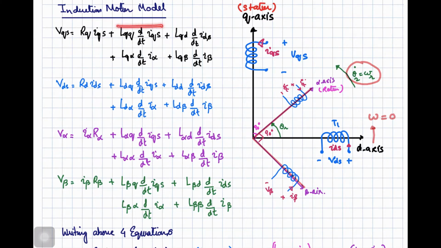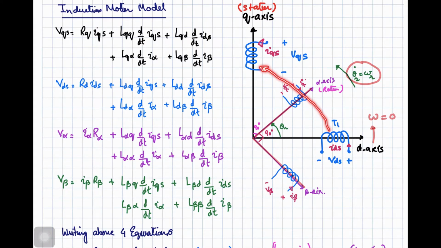The voltage across this inductor will be equal to L into di by dt, and the current is IQS, so LQQ into the derivative of IQS. This is because of its own inductance, the flux of the Q axis linked with itself.